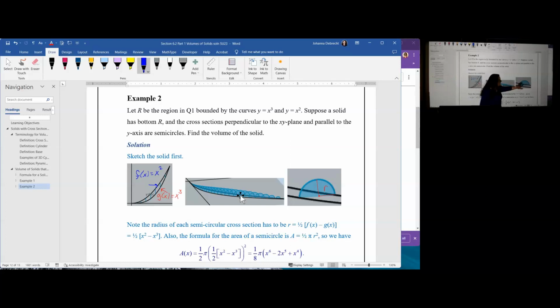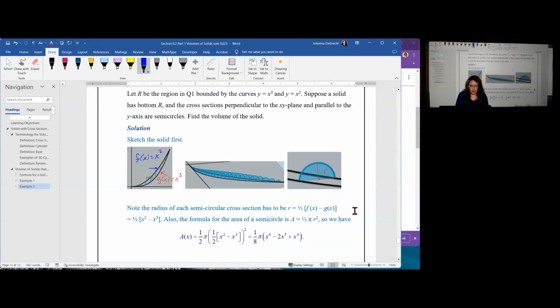If you look at one of them, you can see that the radius is half the distance between the y value on the upper curve, which is x squared, and the y value on the lower curve, which is x cubed. In order to set up this problem, we again need to find out where they intersect.